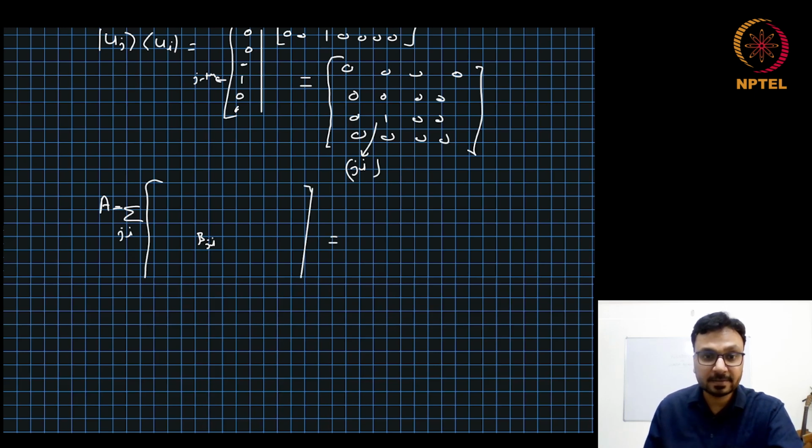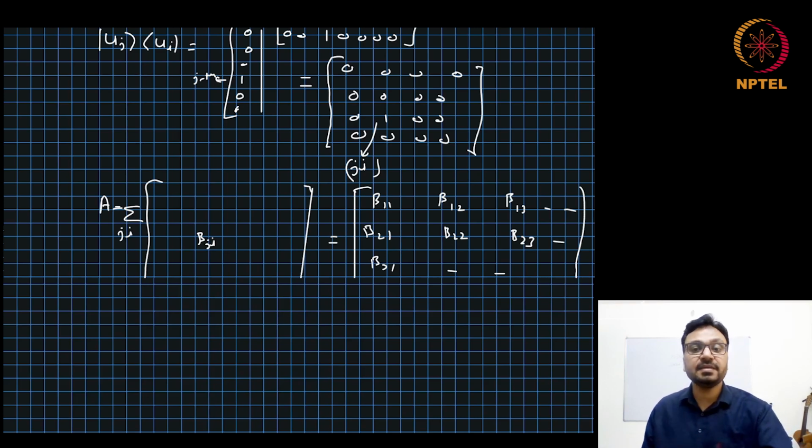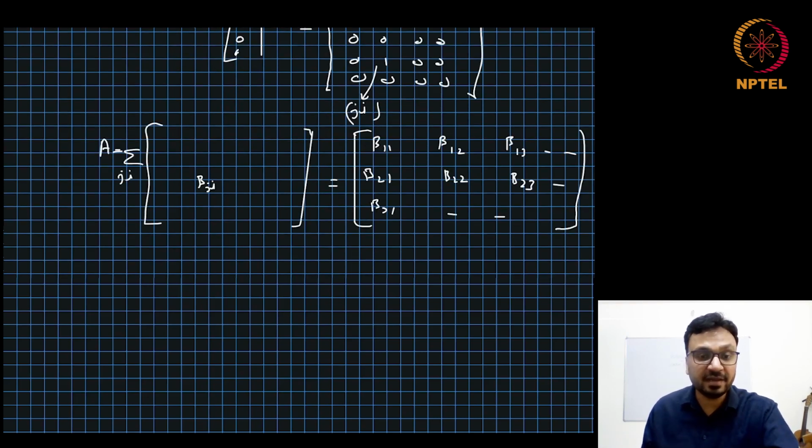This is a strange kind of sum. It's not a normal sum because the operators are also changing location. So it will become beta 11, beta 12, beta 13, and so on, beta 21, beta 22, beta 23, and so on. So this is the matrix representation we were aspiring for.